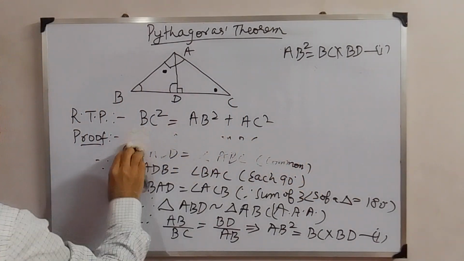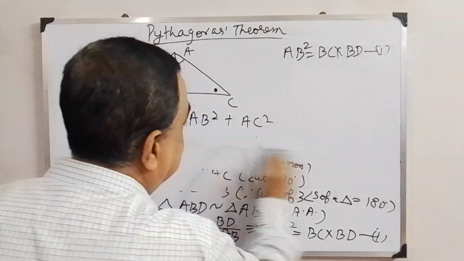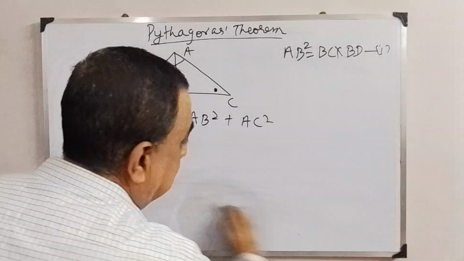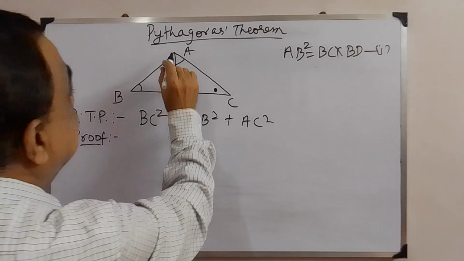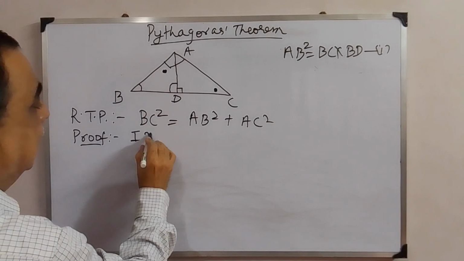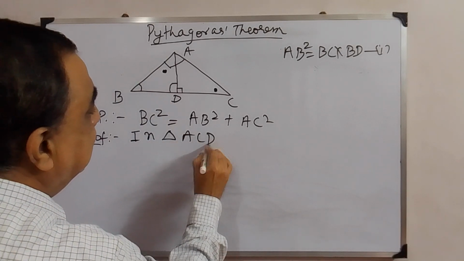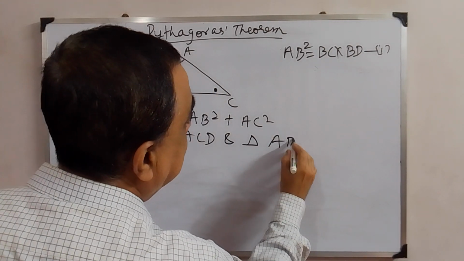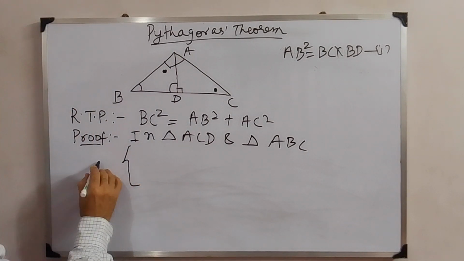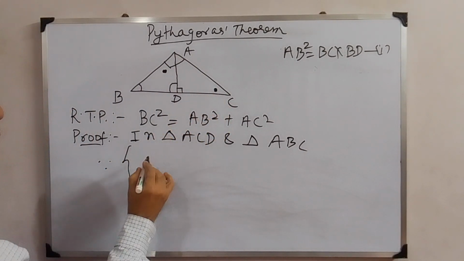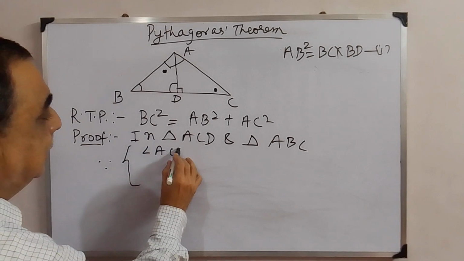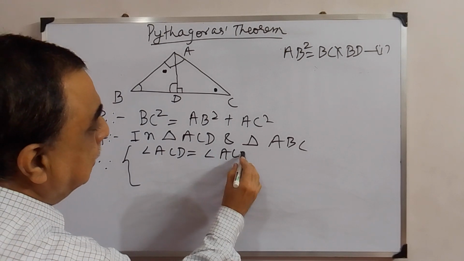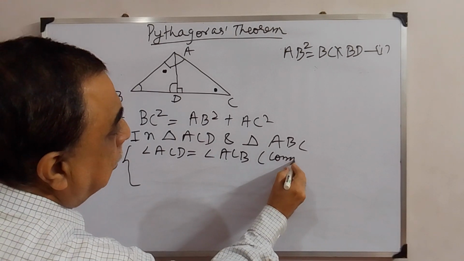Now the next part. In triangle ACD and triangle ABC, what do we have in these two triangles? This angle is common: angle ACD is equal to angle ACB, because these two angles are common.